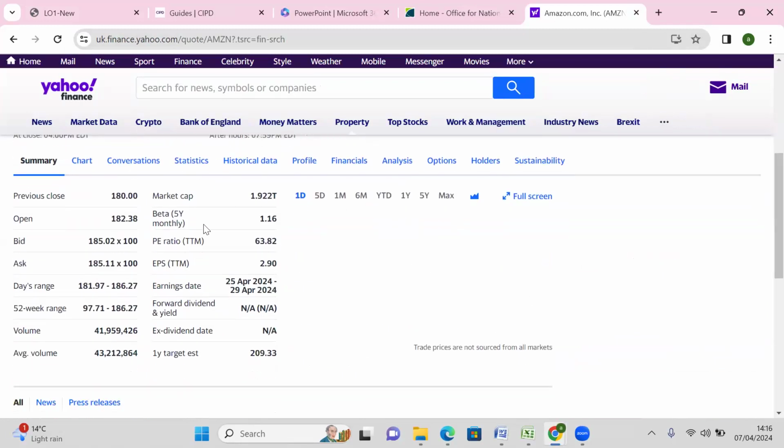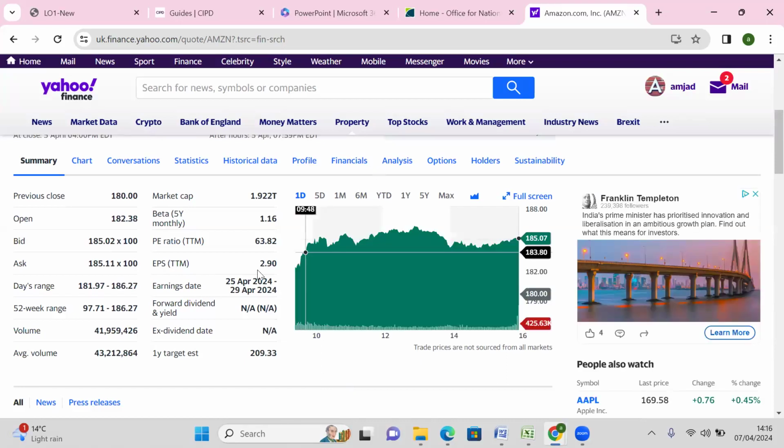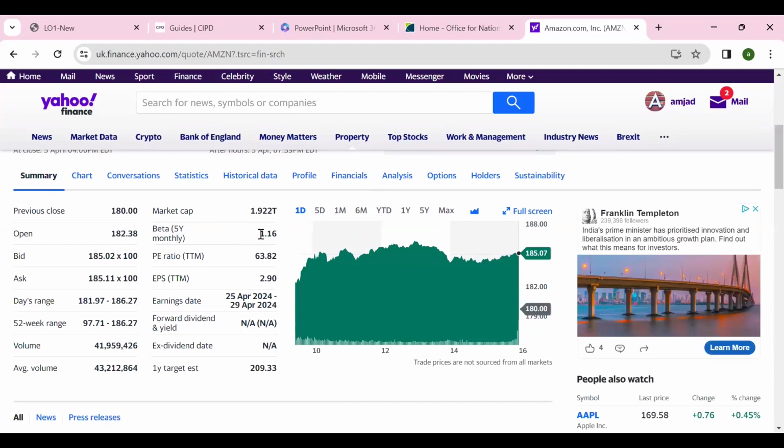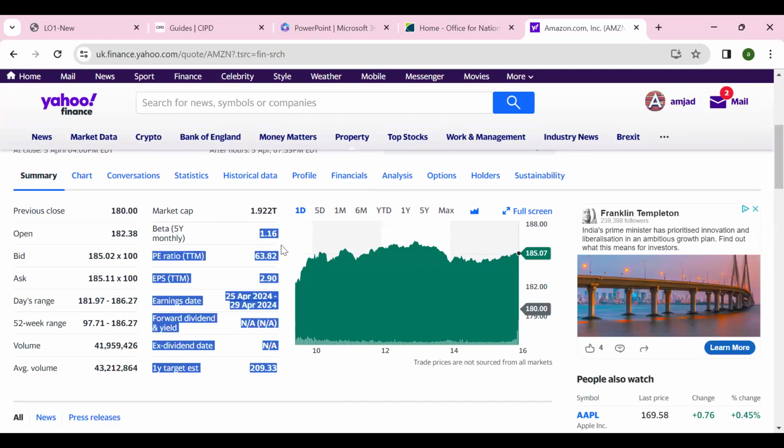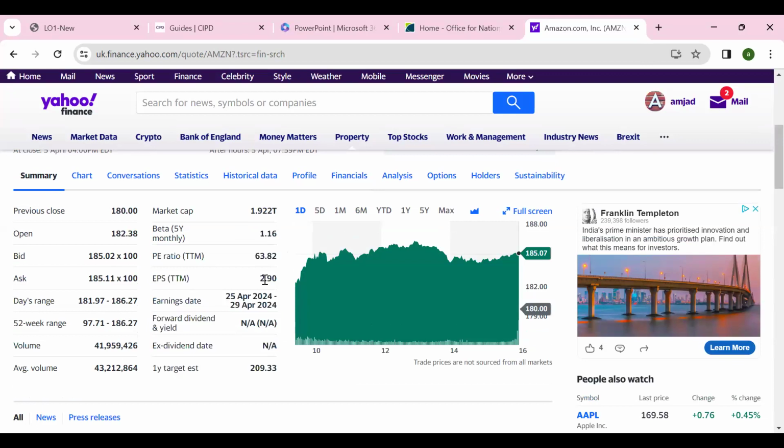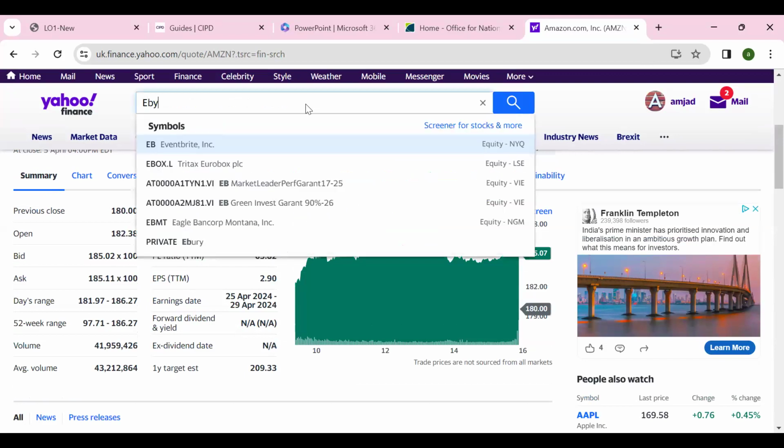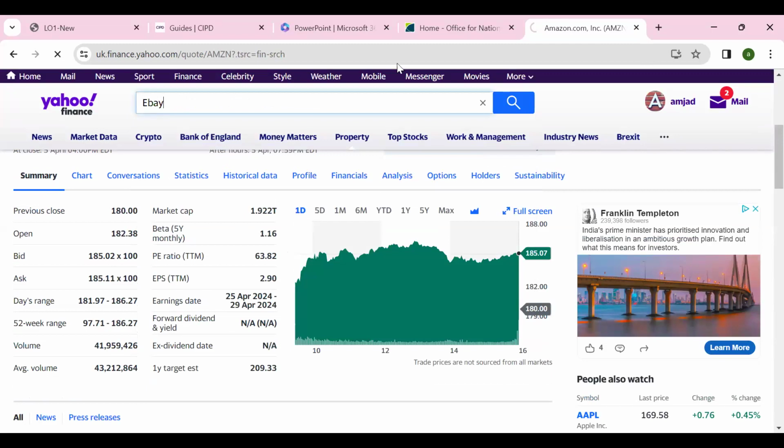So here we see the beta factor, hope you can see it. Okay, so we have a beta here of 1.16, but if we look at the EPS, earnings per share, it is 2.90.